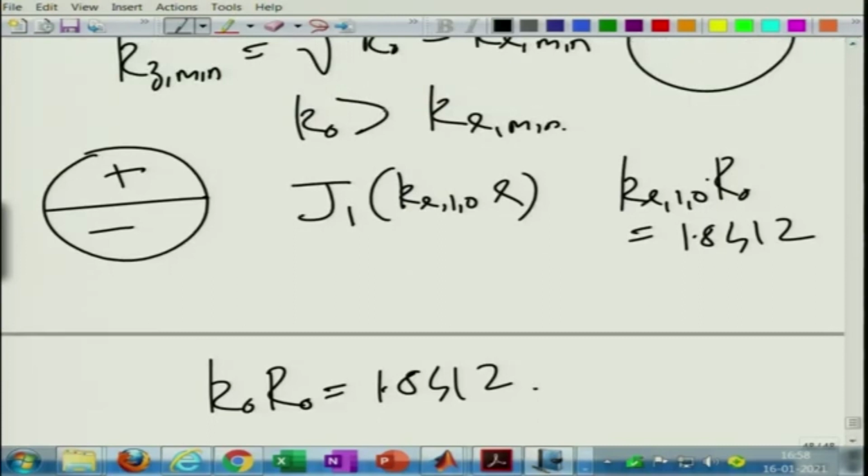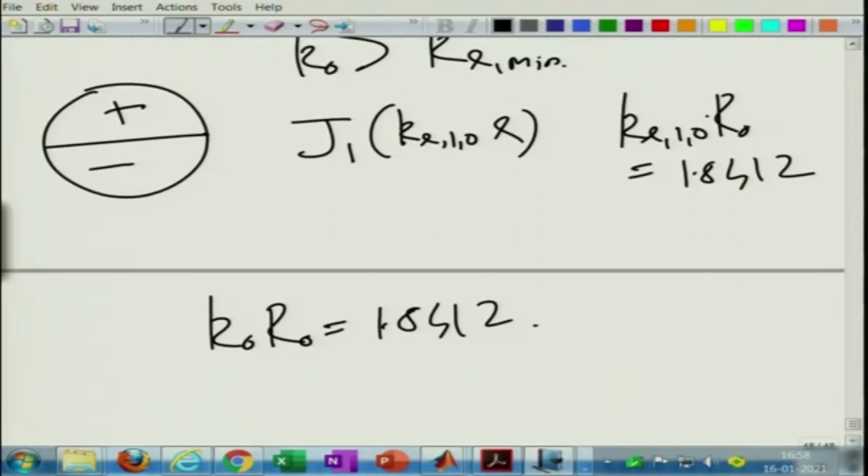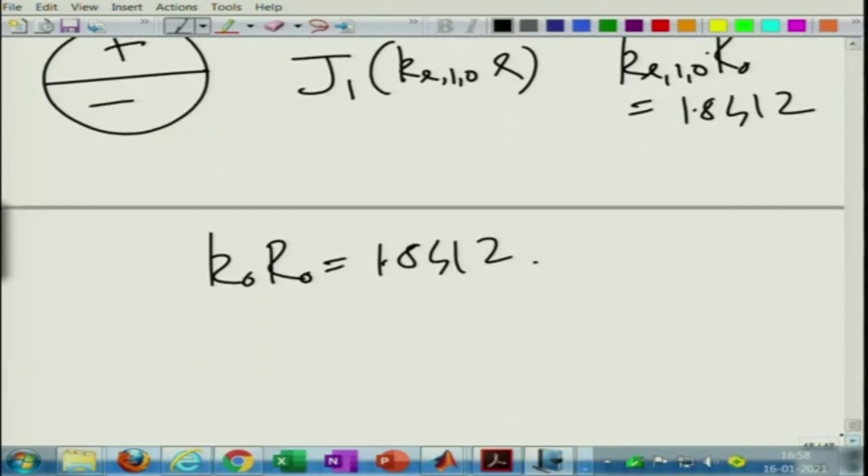because you have to multiply this by R on both sides. So, when K naught is equal to Kr, then that particular mnth mode begins propagating. Because we have non-dimensional values, you multiply both sides by R, and we know the value of Kr mn times R, which is 1.84 for the 10 mode. So, K naught R is this particular thing. Now, this is nothing but 2 pi over lambda times R naught equal to 1.8412. Okay.